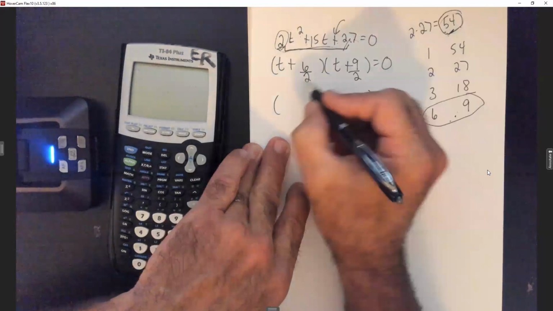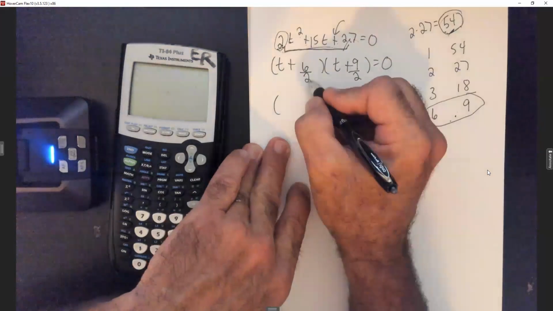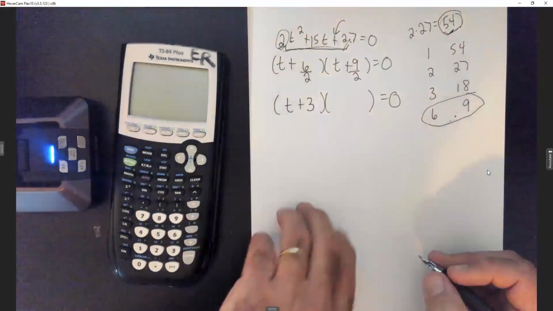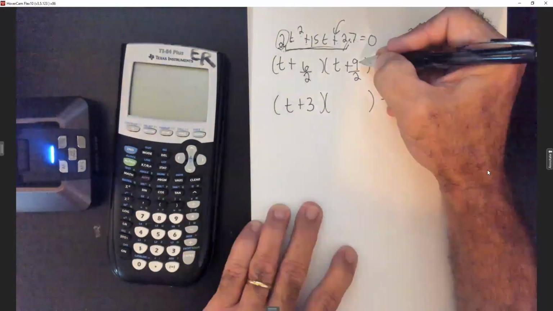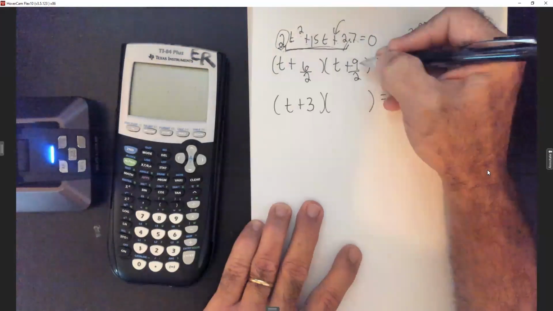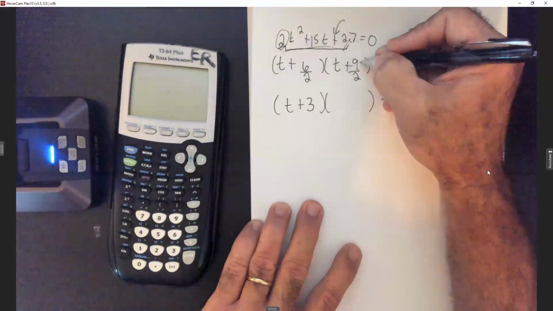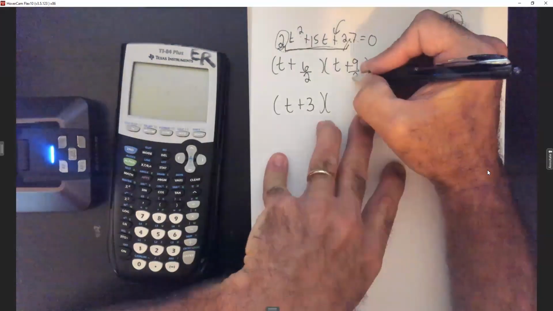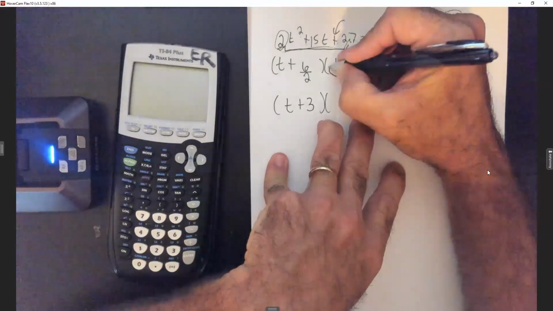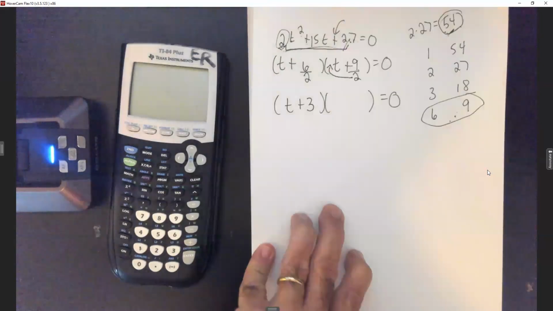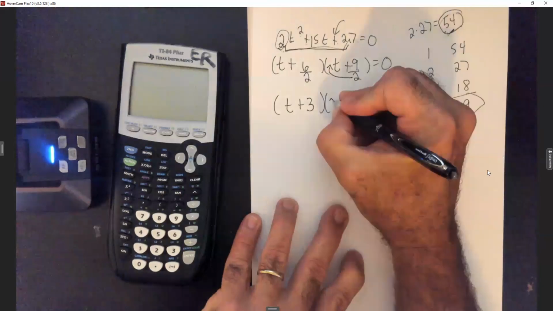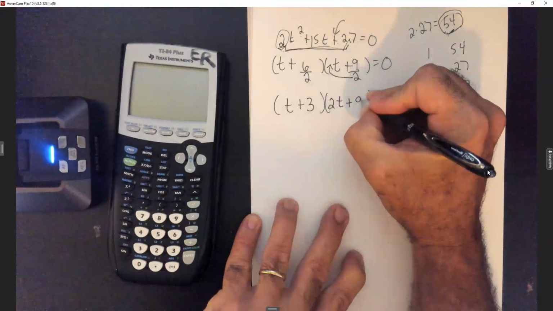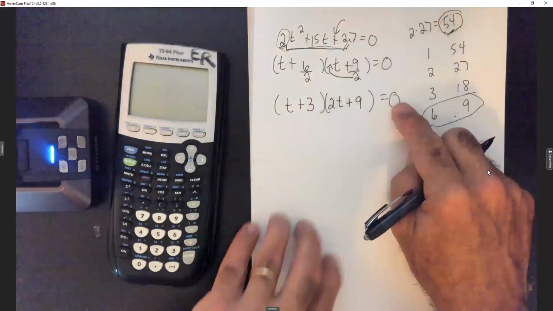So 6 divided by 2 will turn into a 3. Now y'all notice on this one, 9 will not divide by 2. 9 will not simplify with the 2. So anytime you get a fraction that has a denominator, you got to take that denominator and move it in front of the variable. So you would put the 2, then the t, plus the 9. All that still equal to 0.